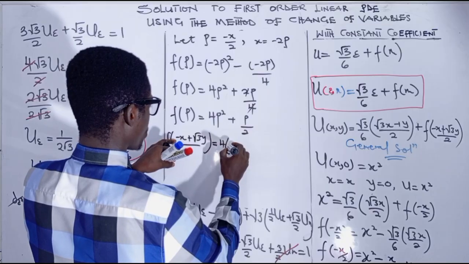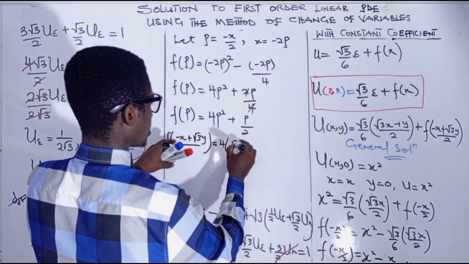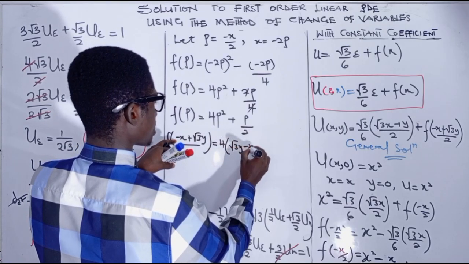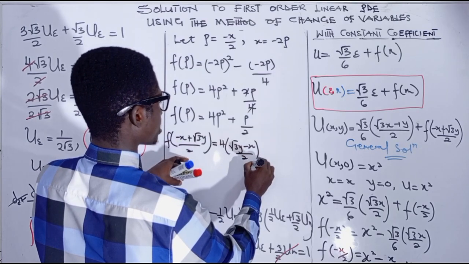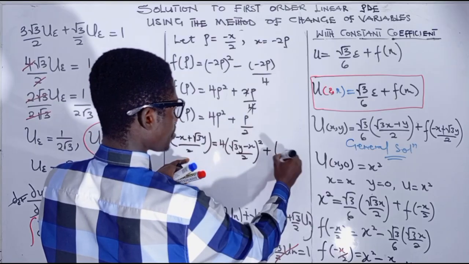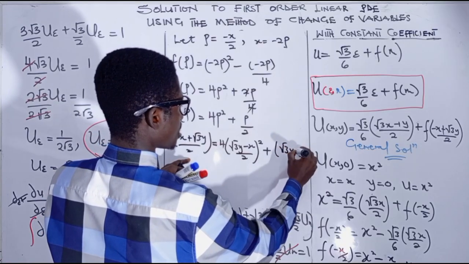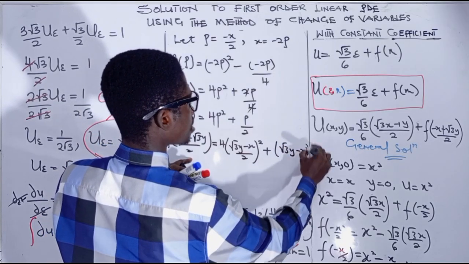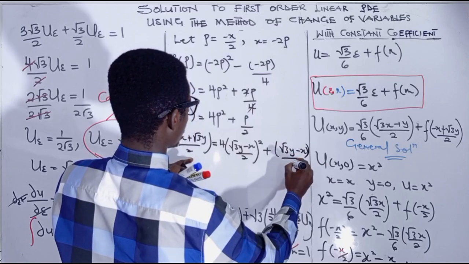Our p is this one, so we can write it as root 3y minus x all over 2, and all of this is squared. Then we have plus root 3y minus x all over 2.